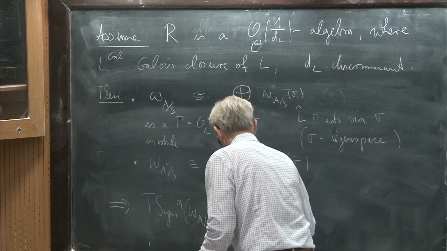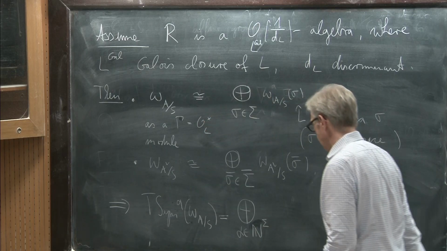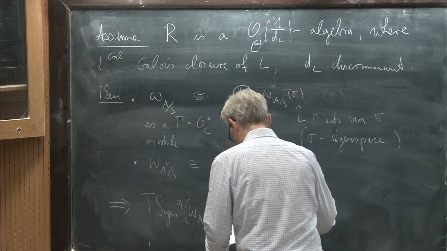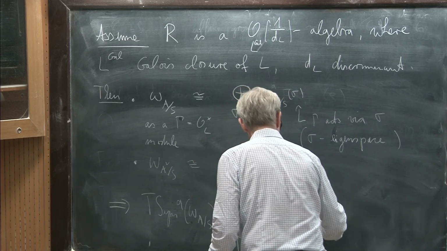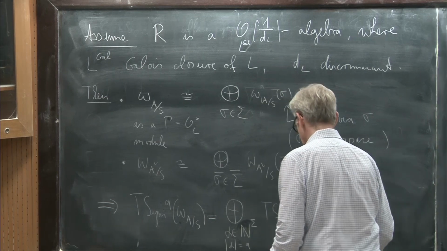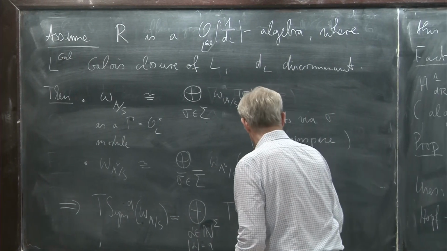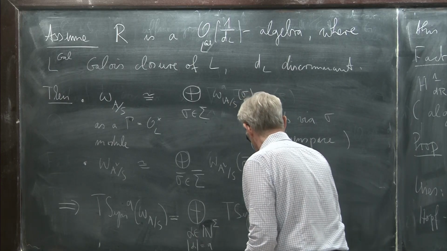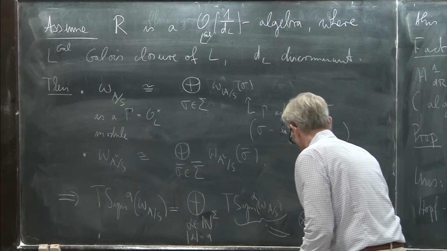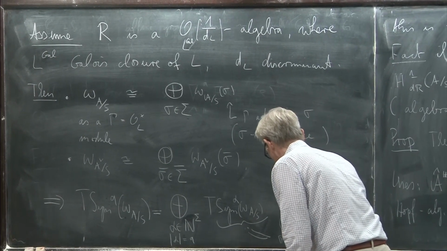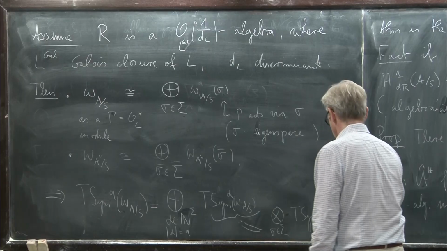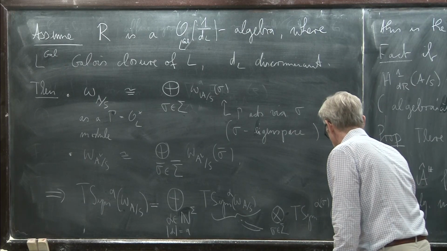These are just Sigma-tuples of natural integers which sum up to A. Then I write T sym alpha of omega A S, and by this I mean the tensor product over all sigma in Sigma of T sym alpha sigma, an integer, of omega A S sigma.